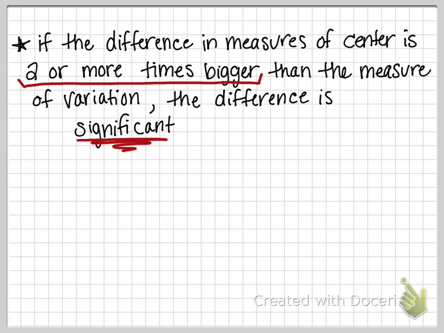So in the last example, it was only 1.6, which is less than 2. So if you were asked, is this significant, you would say, no, it is not. But if you did another problem and maybe you got 3.7, yes, that would be statistically significant, the difference, because it is bigger than 2. So 2 is our cutoff there for something being significant.